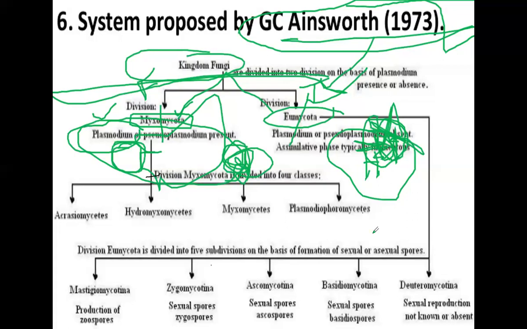Next, Eumycota, the true fungi, is divided into how many? Not classes, here subdivisions; again they are divided into classes and orders. Five subdivisions. What are those?